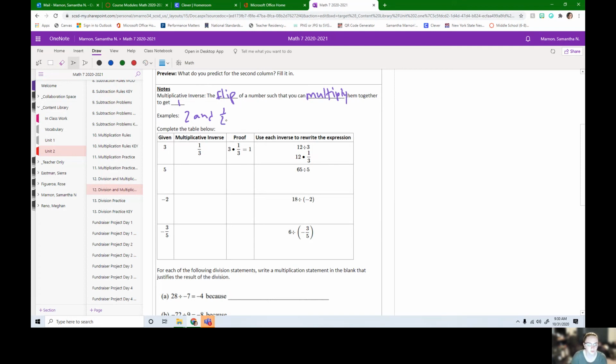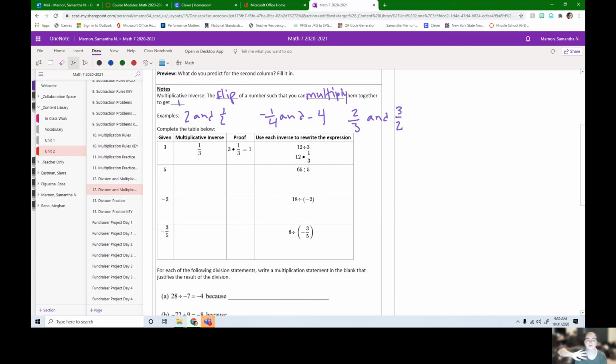If you multiply 2 and 1/2 together, you get 1. We could also have -1/4 and -4. So what we mean by flip is that you're flipping it. We could also include 2/3 and 3/2.